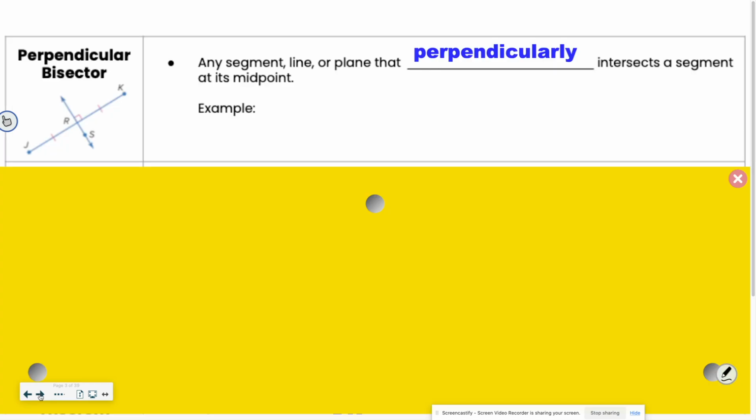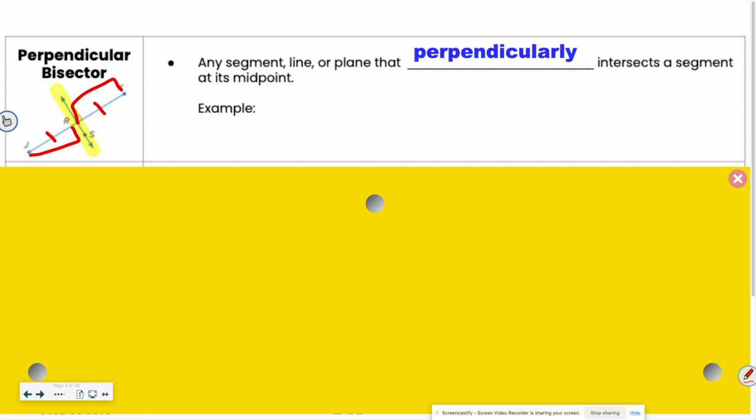So now we're going to add the word perpendicular in front. And a perpendicular bisector is any segment, line, or plane that perpendicularly intersects a segment at its midpoint. So if we look at our little example over here, I'm hoping you're thinking RS would be our perpendicular bisector because it is going through our segment JK at its midpoint R. Because we know that JR is the same distance as RK because of our tick marks.